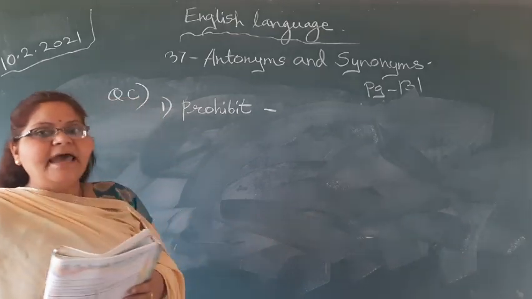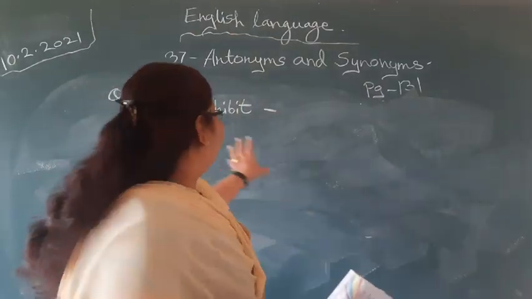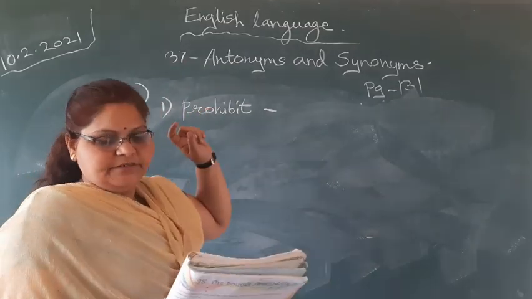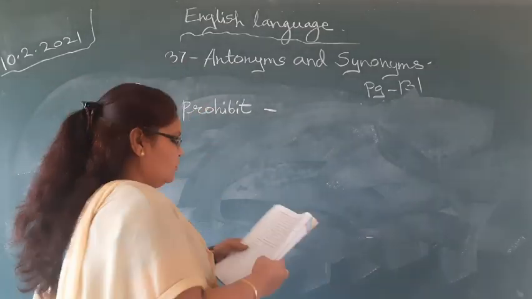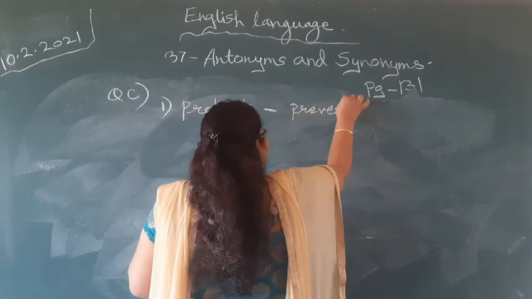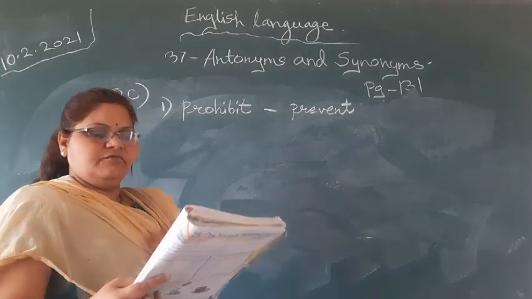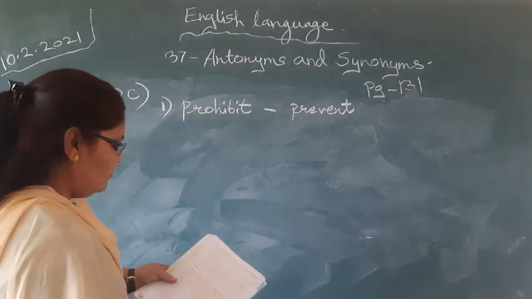Prohibit means क्या? बैन कर लेना, डिसअलाउ, अलाउ नहीं करना, परवानगी न देने, that is prohibit. So the dictionary meaning you can write is prevent. Write the meaning prevent, forbid. So this may be the more meaning.